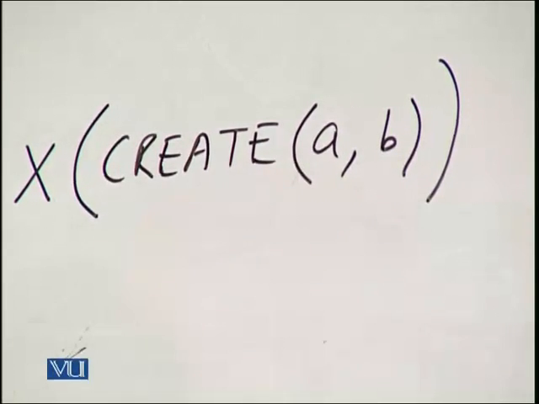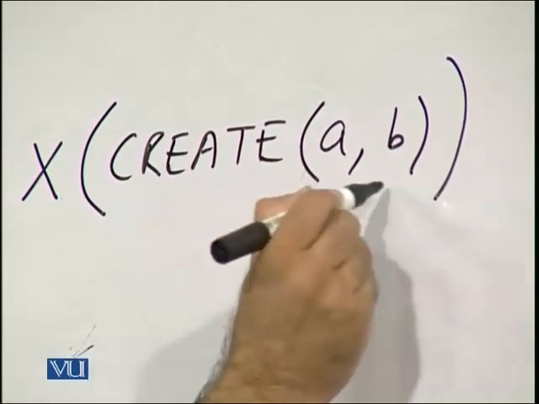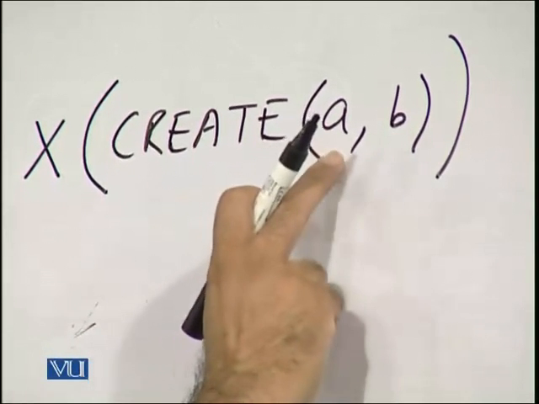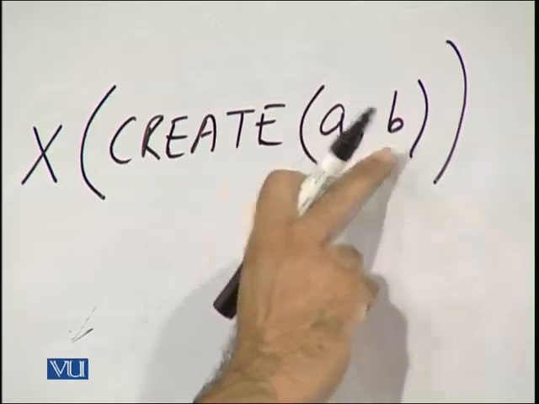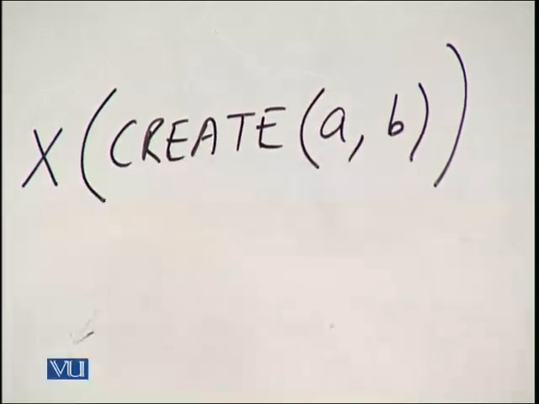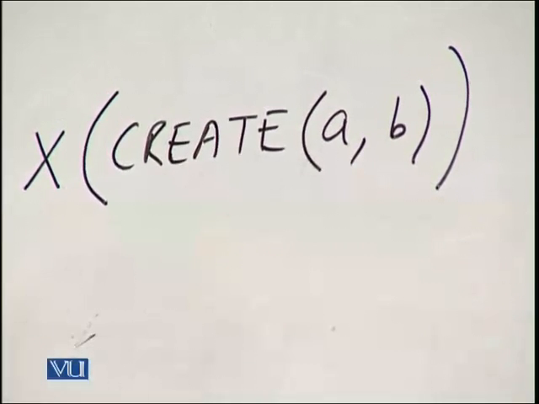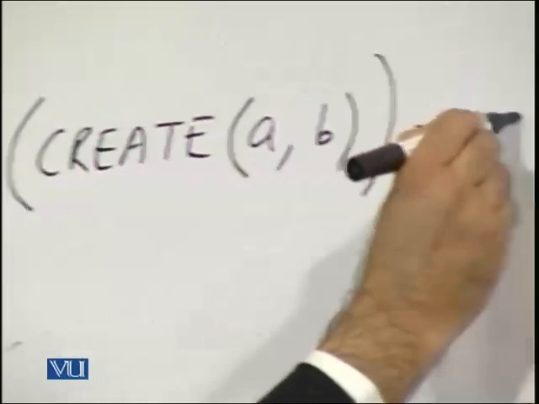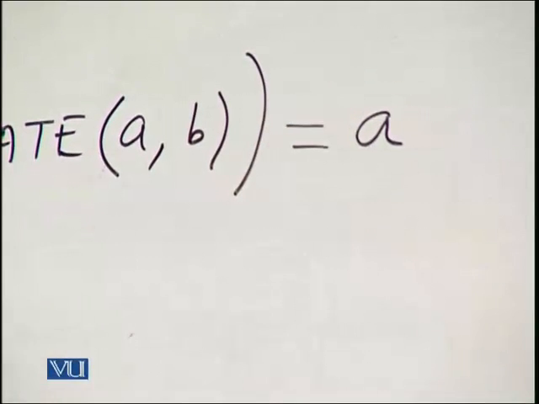So when we create a coordinate, it creates this coordinate by taking these two arguments, and the first one is the x coordinate and the second one is the y coordinate. So if I want to get the x coordinate of this whole quad, the answer is going to be a.